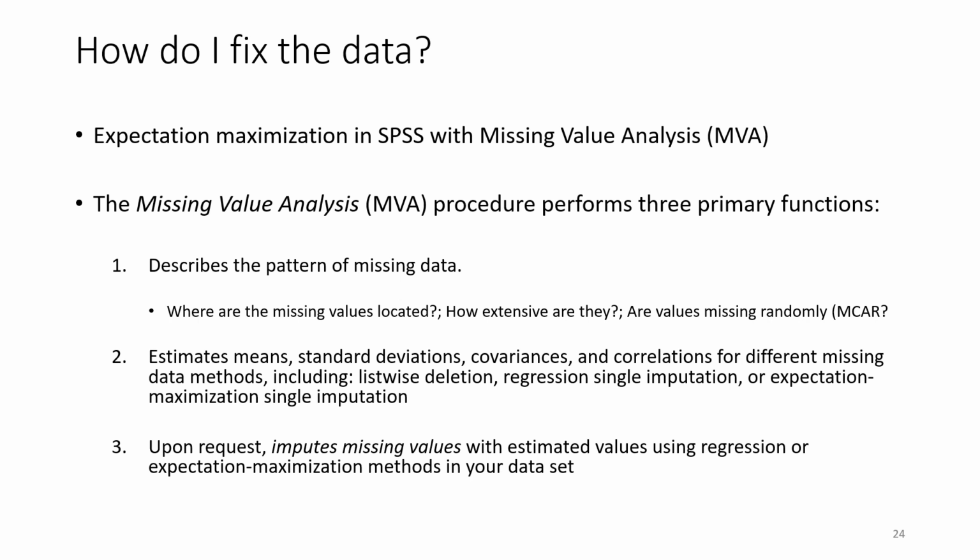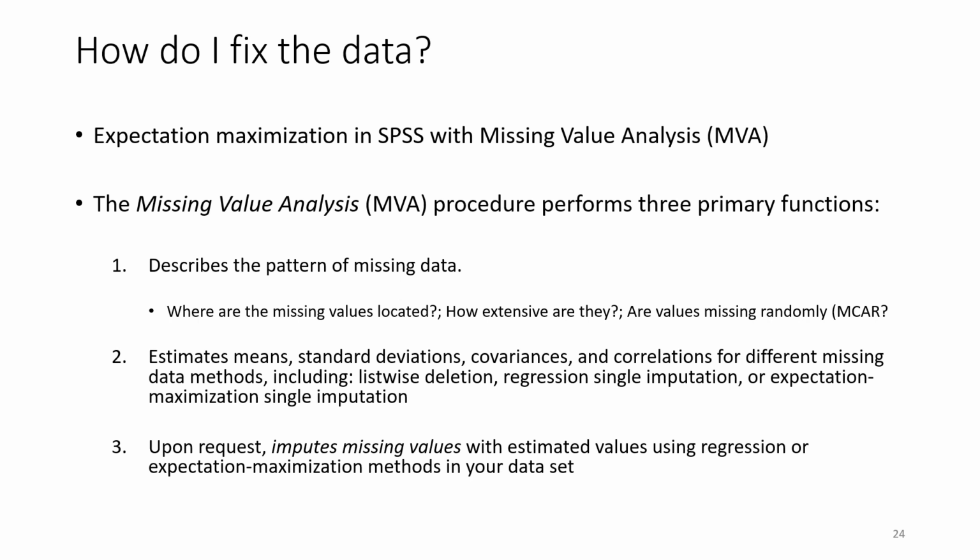Secondly, upon request, MVA will estimate the mean, standard deviations, covariances, and correlations for different missing data methods. Essentially, what this will do is tell you what the mean, for example, would be if you use a particular method.